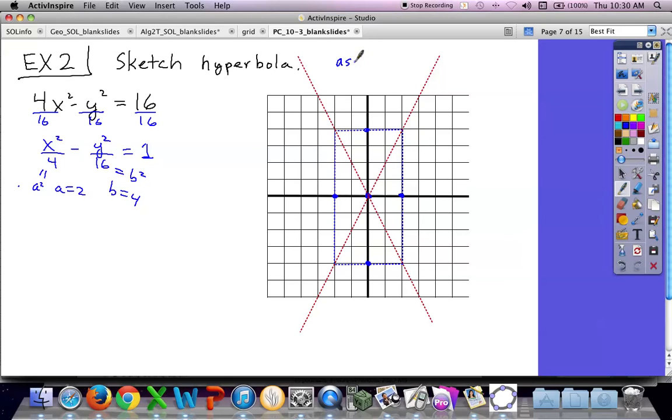And what is an asymptote? Technically, the thing we know for sure about an asymptote is that it's a line that the graph will approach but never quite touch. So if those are the asymptotes, and we know what the vertices are, this was the vertex and this was the vertex, then starting with the vertex, you draw the hyperbola approaching the asymptotes.